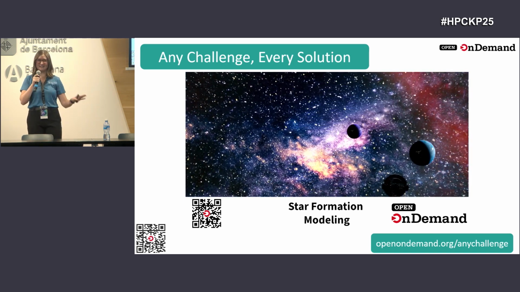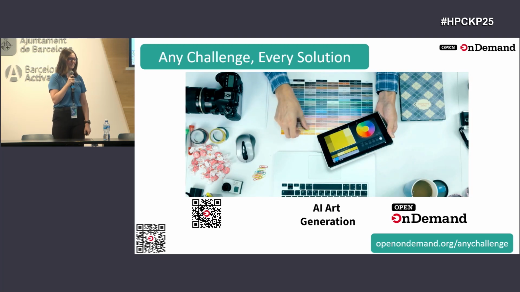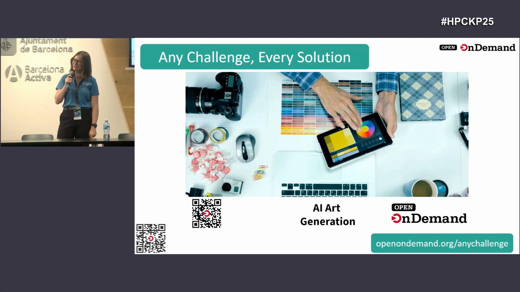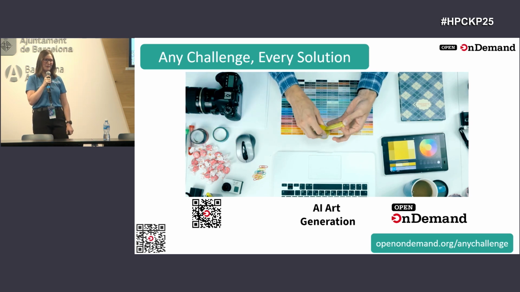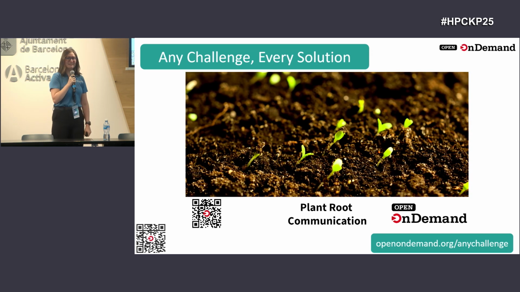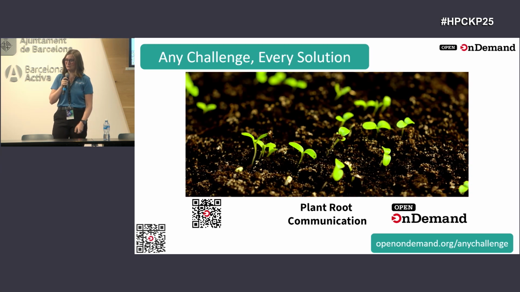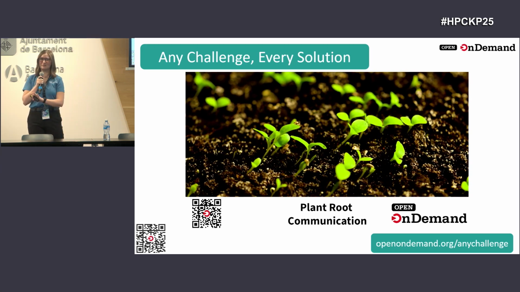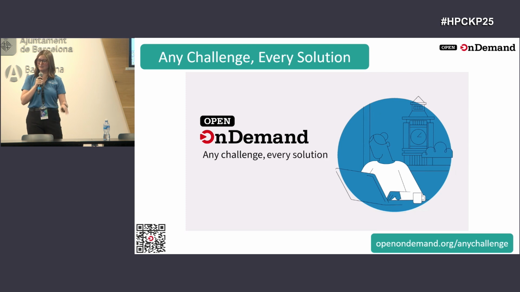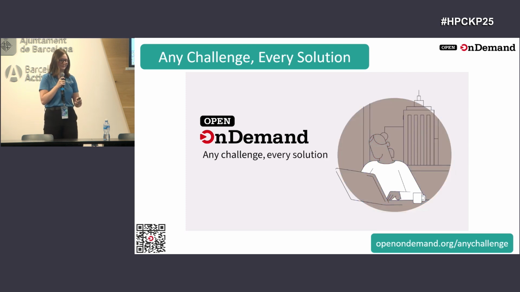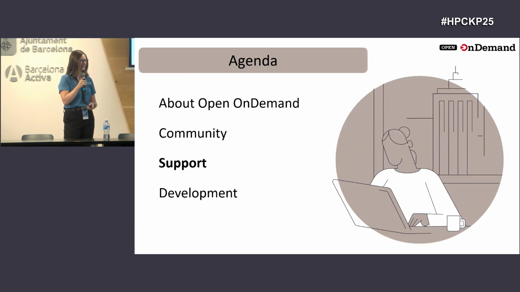You're kind of getting the vastness of the different types of science. AI art generation with art classes in college, also all through Open OnDemand. And then finally, some agriculture with plant root communication. So it's just very vast how OnDemand is propelling different elements of science and research forward. It's very, very cool to be a part of.